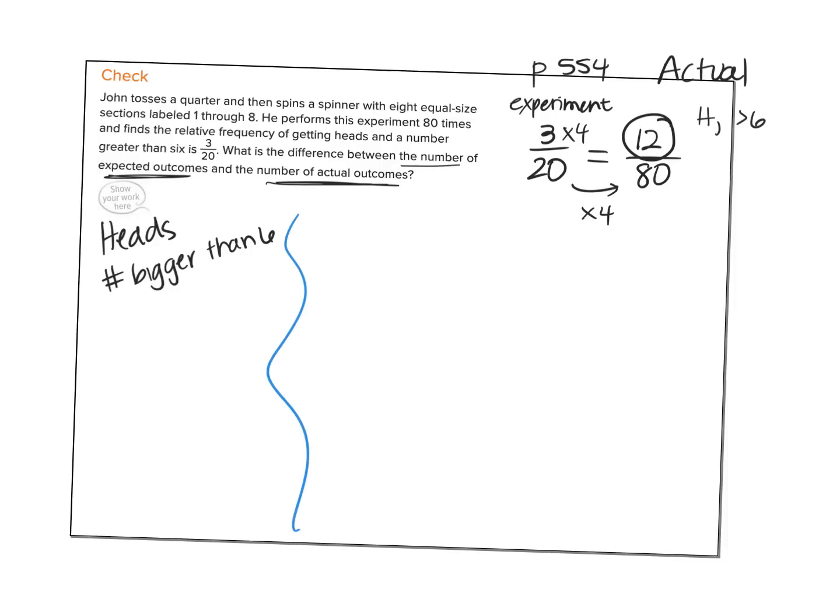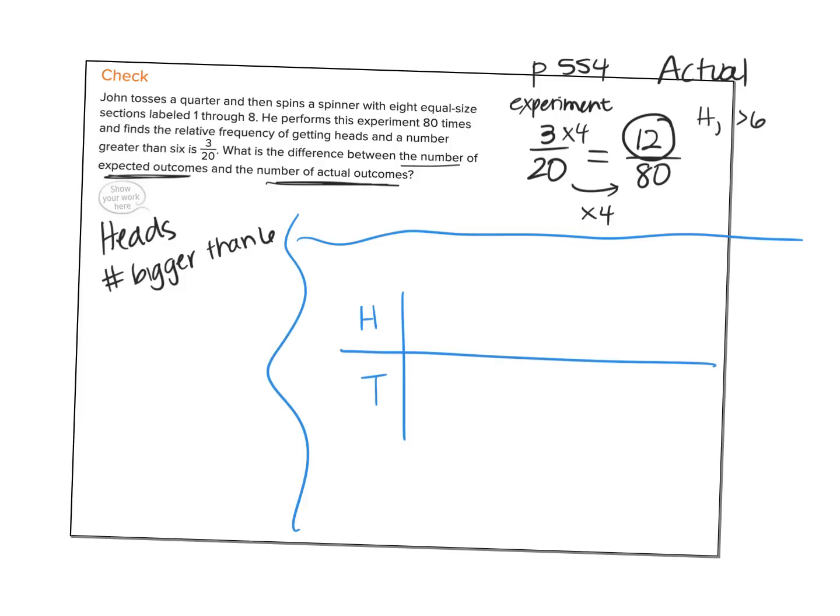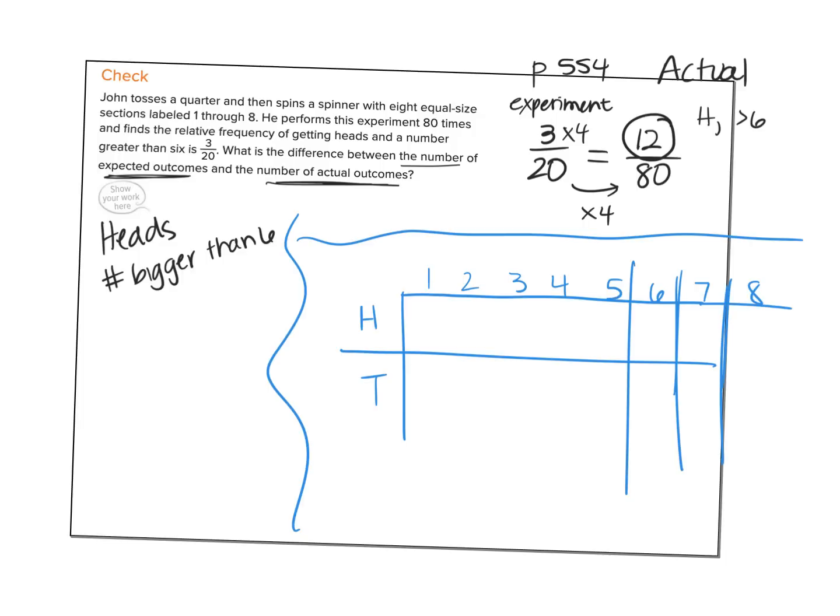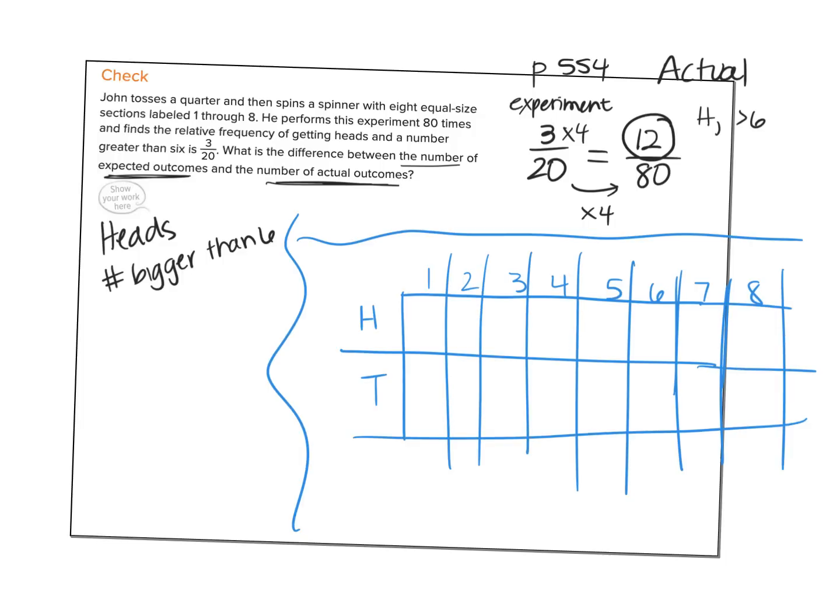So the theoretical probability. I'm going to draw a chart for this. And let's see what happens. So first thing he tosses his quarter, he can get a heads or tails. Then he spins the spinner. He can get a 1, a 2, a 3, 4, 5, 6, 7, or 8. Okay, so I'm just going to split this up and write all my possible outcomes here that he could get.